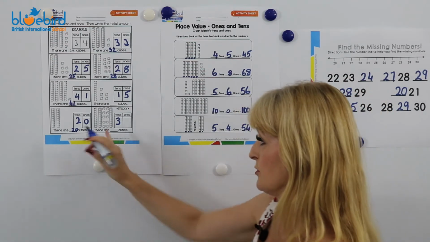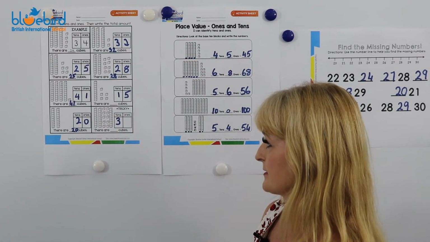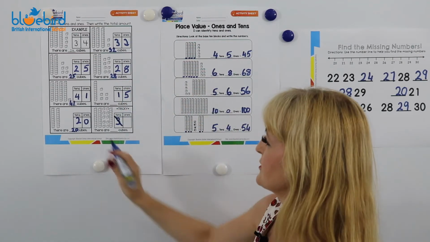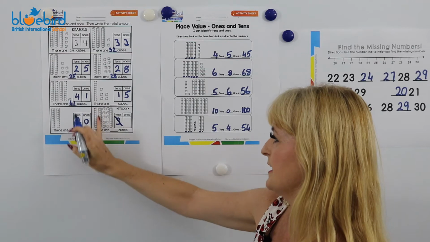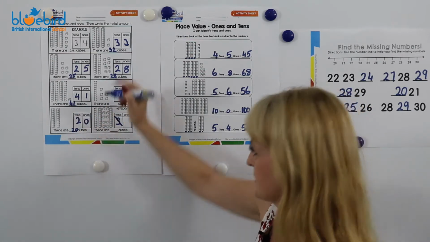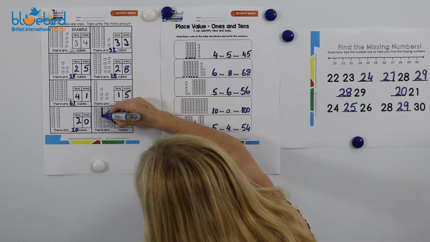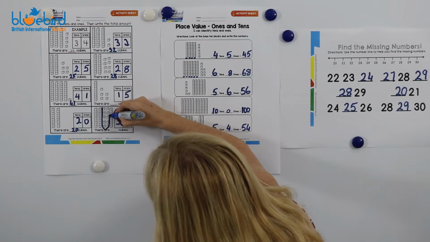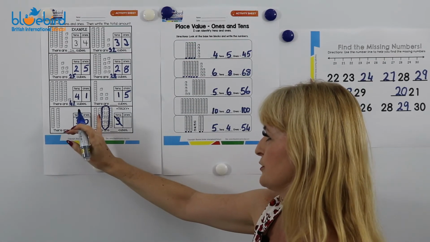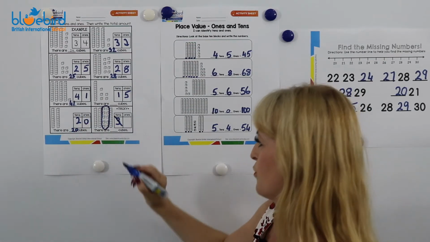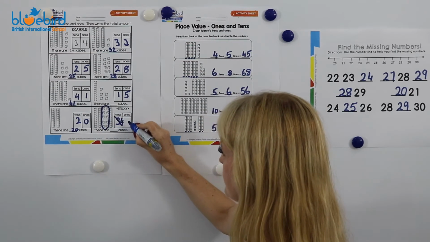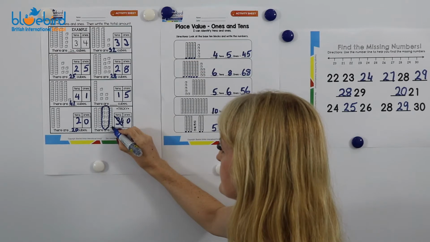So we don't have 3 10 blocks this time. Because if we have 10 and 10 and 10 and our 1 blocks also make a 10, if we put all of these together, it would be a 10 block too. So we would have 1, 2, 3, 4. So it's not 3, we would make 4. Okay, so it's 40.